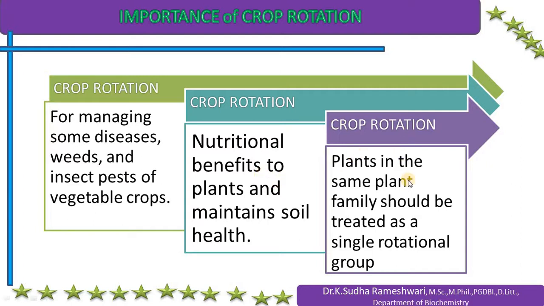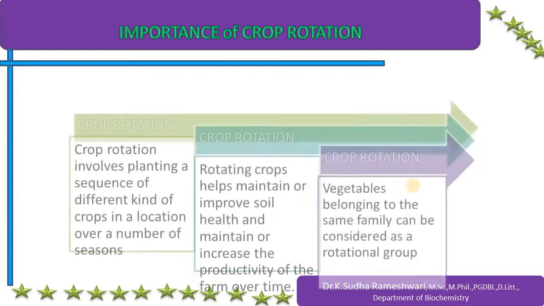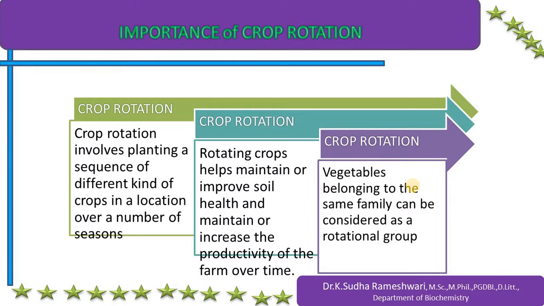Plants in the same plant family should be treated as a single rotational crop. Crop rotation involves planting a sequence of different kinds of crops in a location over a number of seasons. Rotating crops helps maintain or improve soil health and maintain or increase productivity of the farm over time.